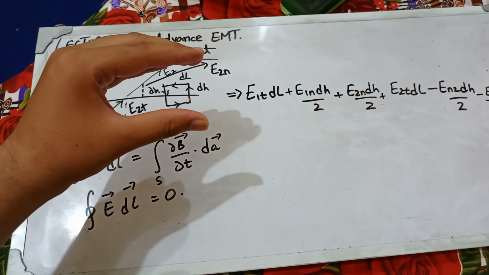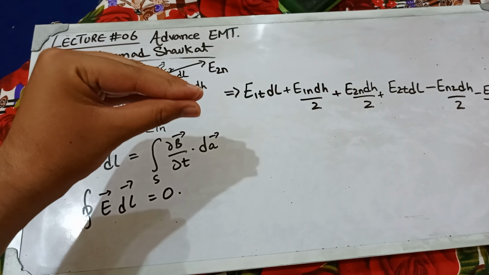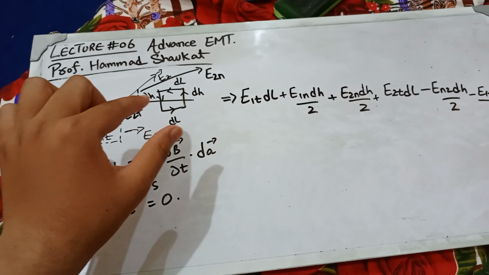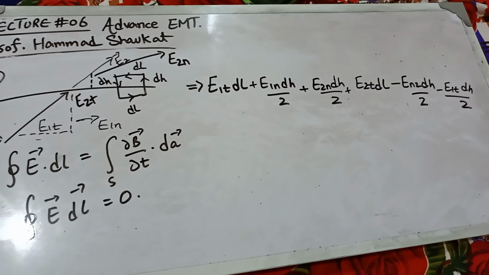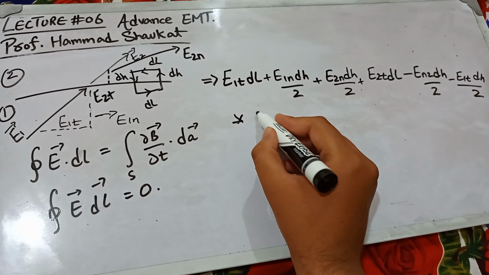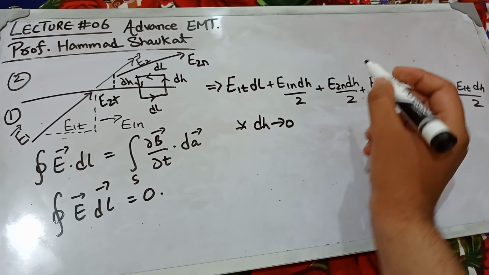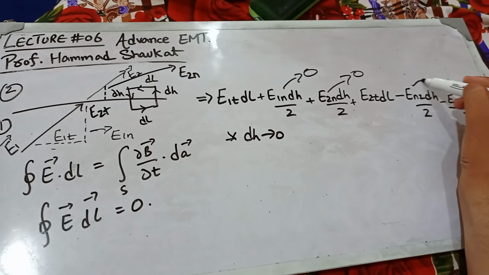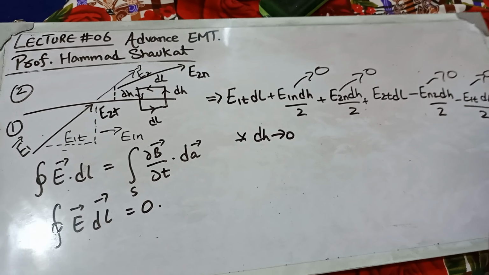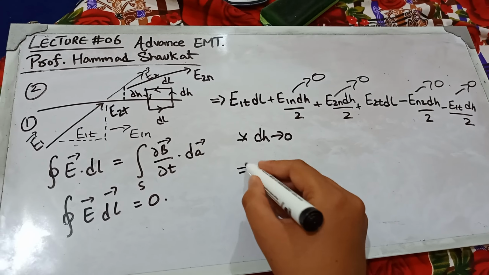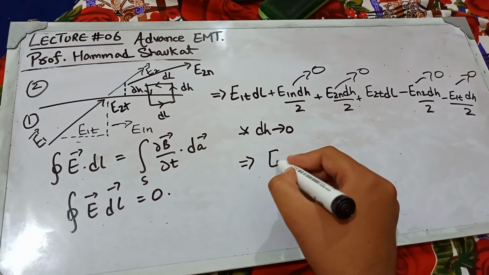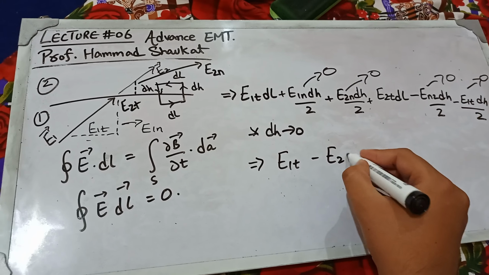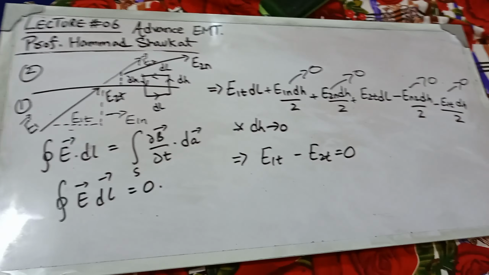If your dh value is nearly equal to 0, we can shrink it and find the electric field on this path. So we put dh approximately equal to 0. Our equation becomes: these terms equal 0, and only e1t minus e2t equals 0 is left.